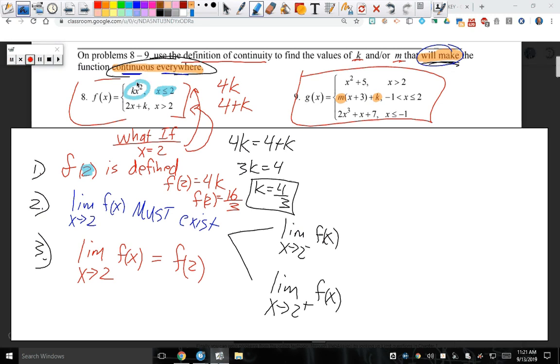So I'm going to use this, and I'd get 4k, because I plugged my 2 into this equation right here and got 2 squared is 4, 4k. Now, if I approach 2 from the right, I'm looking at everything greater than 2. It's going to be 4 plus k.